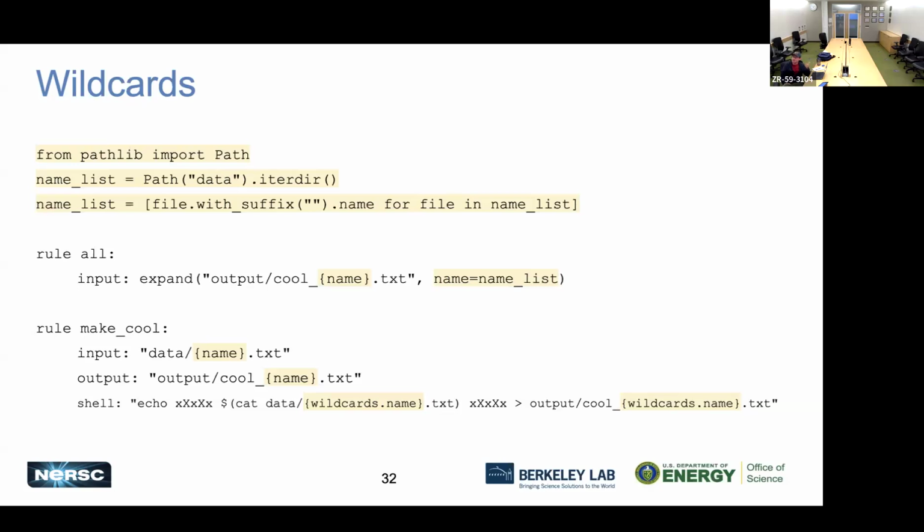And then things proceed as normal as Snakemake proceeds through all of the rule alls that match all of the files in that directory and goes through the process of reading them out, doing the echo that adds the decoration to the string inside the file, and then outputs it to the output directory with the cool prefix on the name.